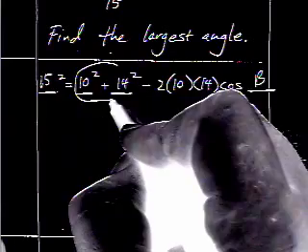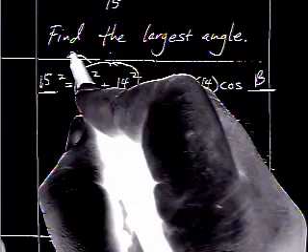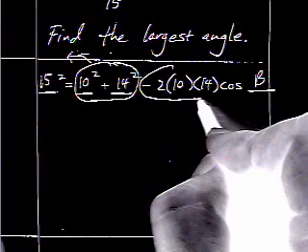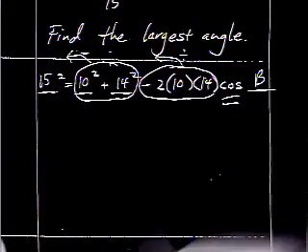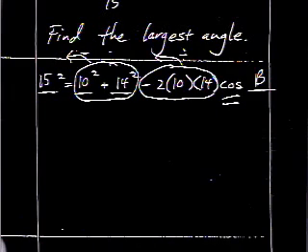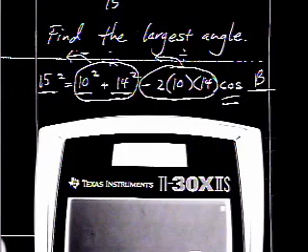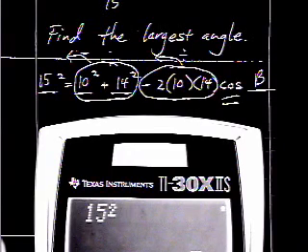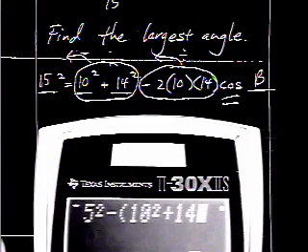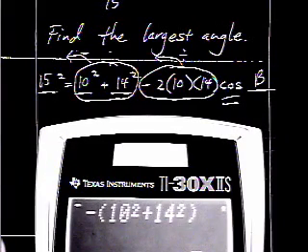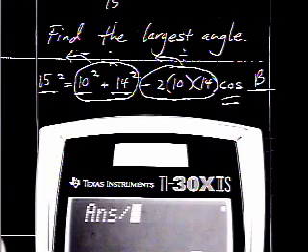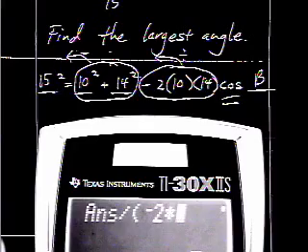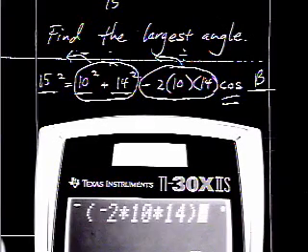So we're going to subtract this. We're going to divide by this. And we're going to invert the cosine. Three things. 15 squared minus, parenthesis, 10 squared plus 14 squared. That's negative 71. Then I'm going to divide by, parenthesis, negative 2 times 10 times 14.